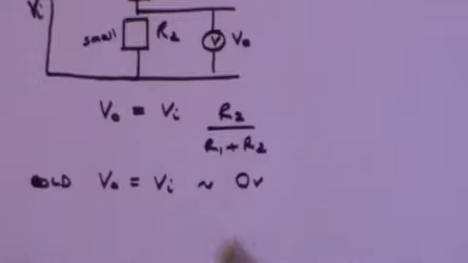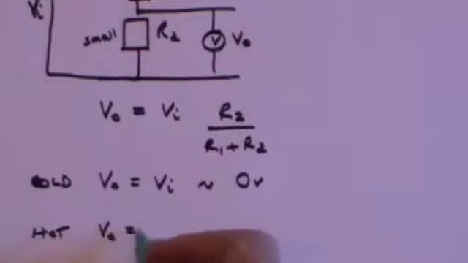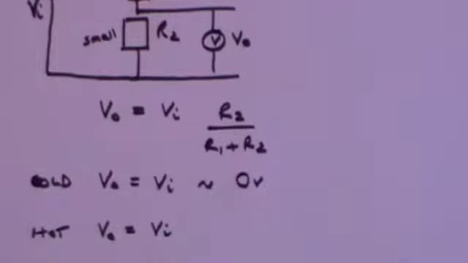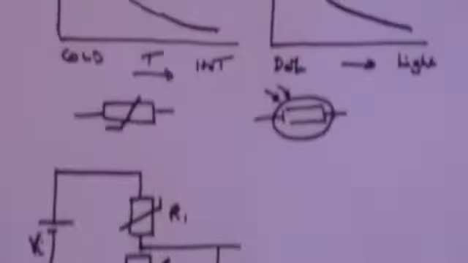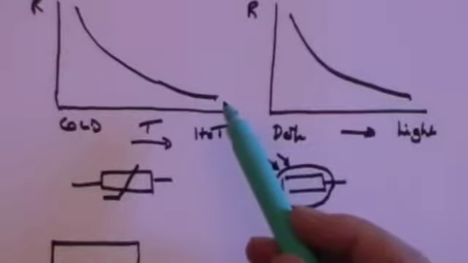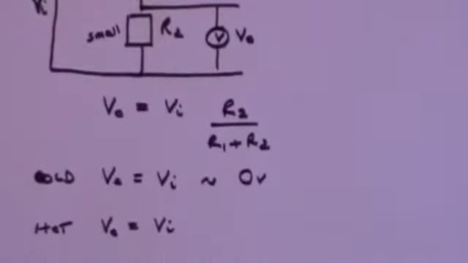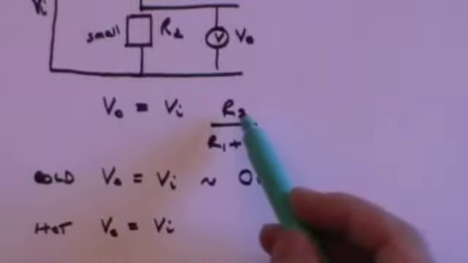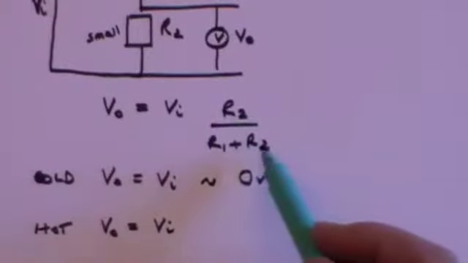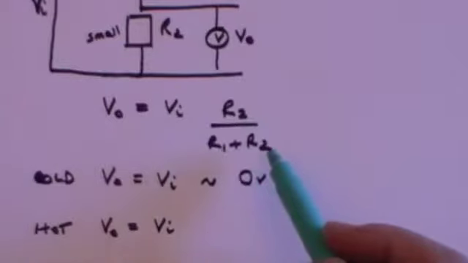Now let's look and see what happens when it's hot. V out will equal V in times this fraction. But what is this fraction? Now you've got a very, very low resistance because it's hot. So you've got R2, which is a small number, divided by R1 plus R2, where R1 will be very, very much smaller than R2.